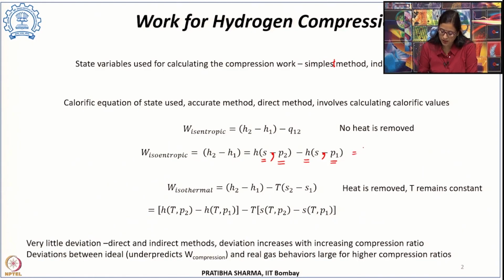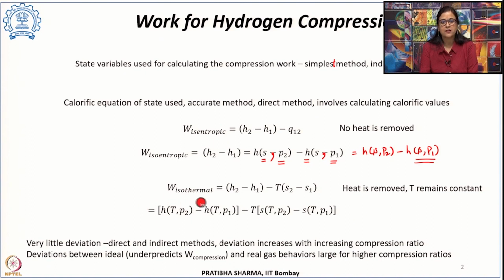So it is the difference in the enthalpies in the state with entropy S and pressure P2 minus that in the state when the entropy is S and pressure is P1. This is considering the process of compression to be approximated by isoentropic process.